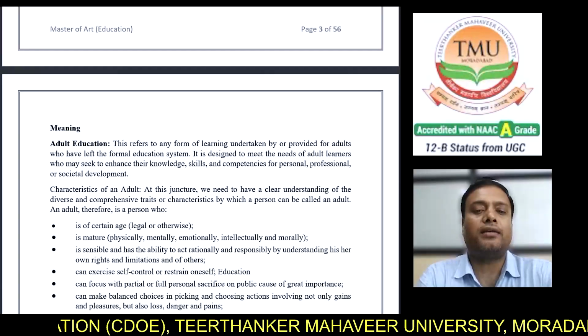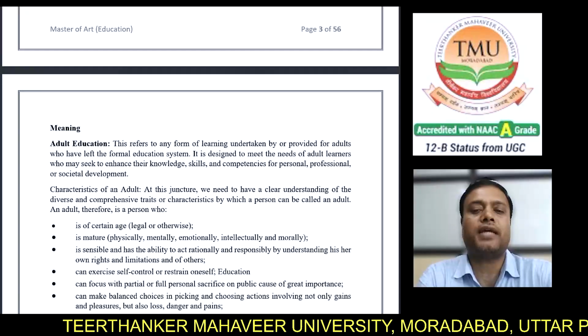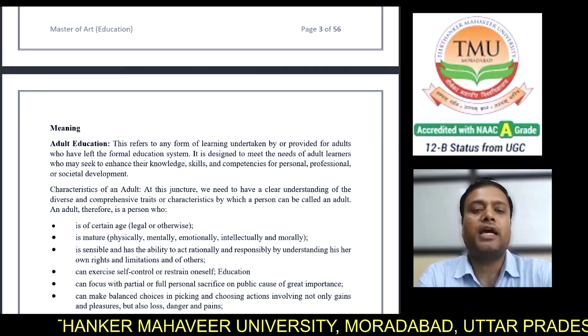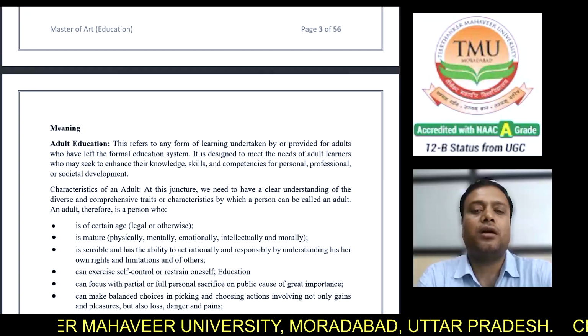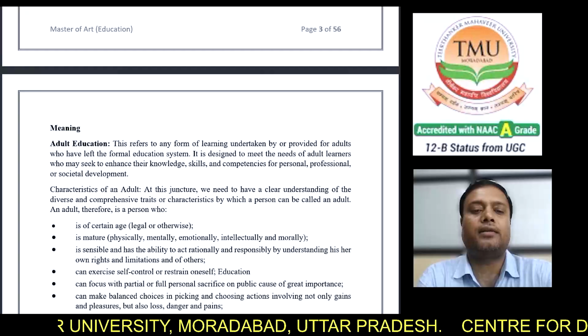Characteristics of an adult. At this juncture, we need to have a clear understanding of the diverse and comprehensive traits or characteristics by which a person can be called an adult.